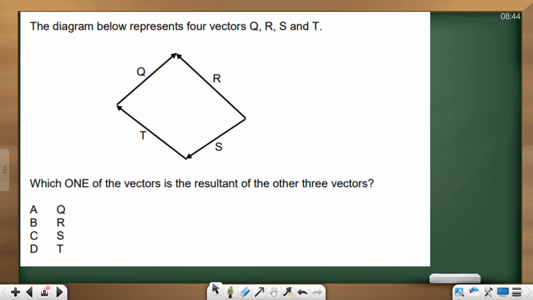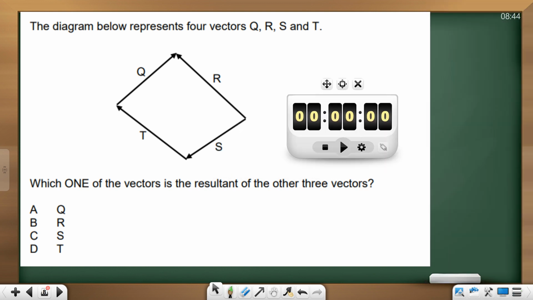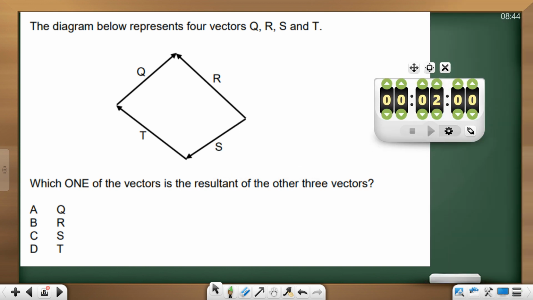The diagram represents 4 vectors, Q, R, S, and T. Which one of the vectors is the resultant of the other 3? It means there are 3 forces here, and the 4th one is a resultant of the other 3. Let me give you 2 minutes. Please look at the arrows very well.